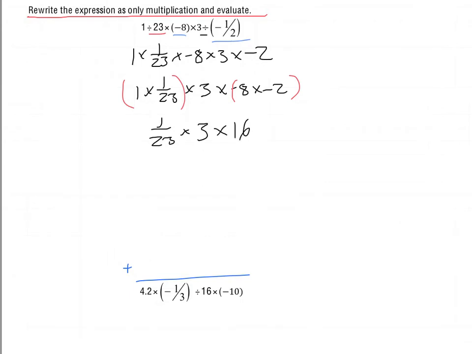With this denominator of 23, that's probably the last thing I want to deal with. That's not really compatible with anything. So I'm going to multiply together my 16 times my 3. That gives me 48, times 1 over 23. And I'm just going to leave this as a fraction. Top times top, bottom times bottom. It's going to give me 48 over 23.